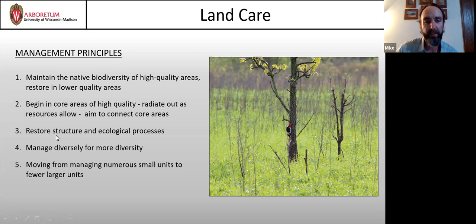And then we're also interested in structure of those species and different ecological processes. Those often get forgotten about when thinking about restoration.